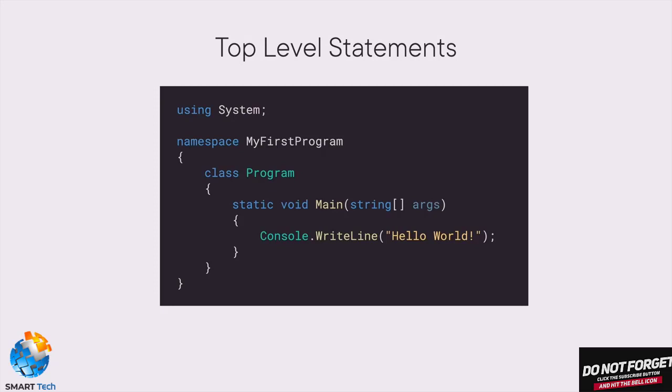So, top-level statements are nice. They make a short program look better, but they don't change the essence of C# code. As soon as you start looking beyond a short program, you still need to know about classes and namespaces. So, when you're learning, it still makes sense to start from the old-fashioned, more verbose version of Hello World.